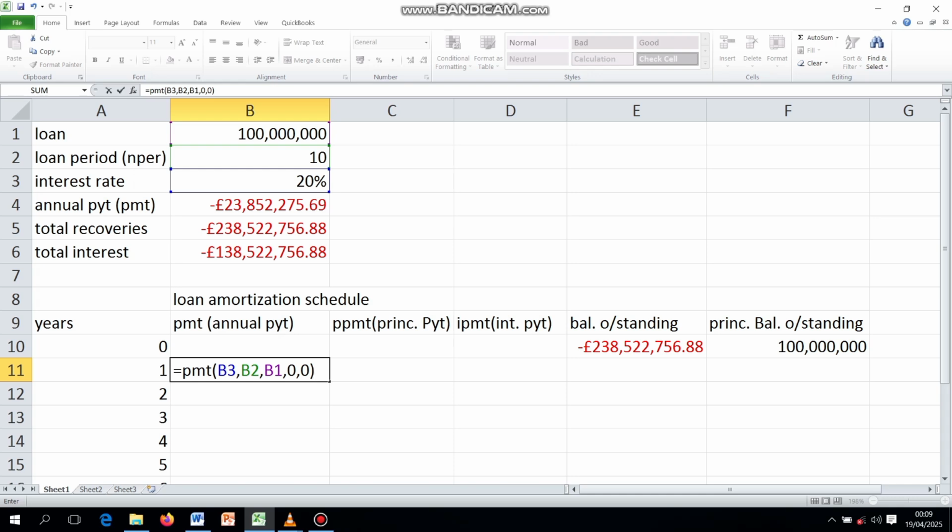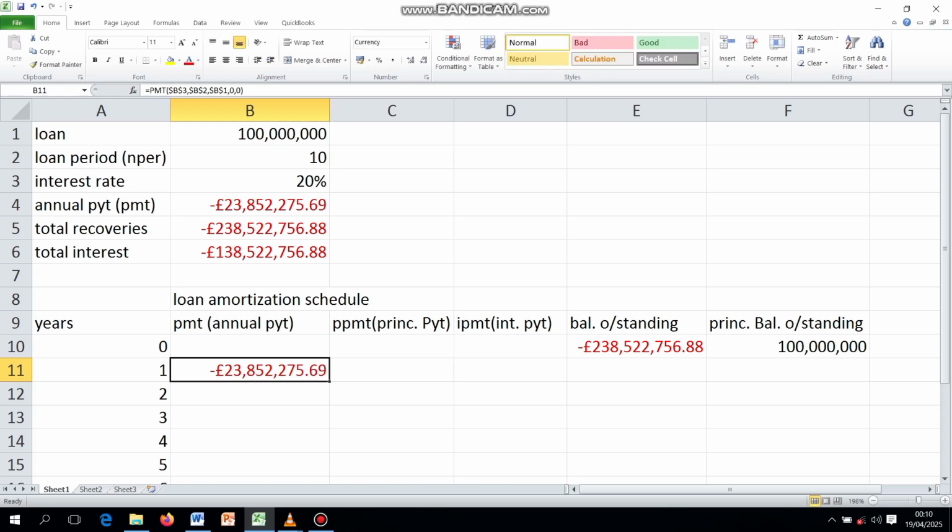After closing, I'm going to lock these values in the formula so that they can help me when I auto scroll to get the values for every year. So I'm going to lock them one by one until I finish them. I'll lock that one and that one, and I also lock that one, and I press enter.